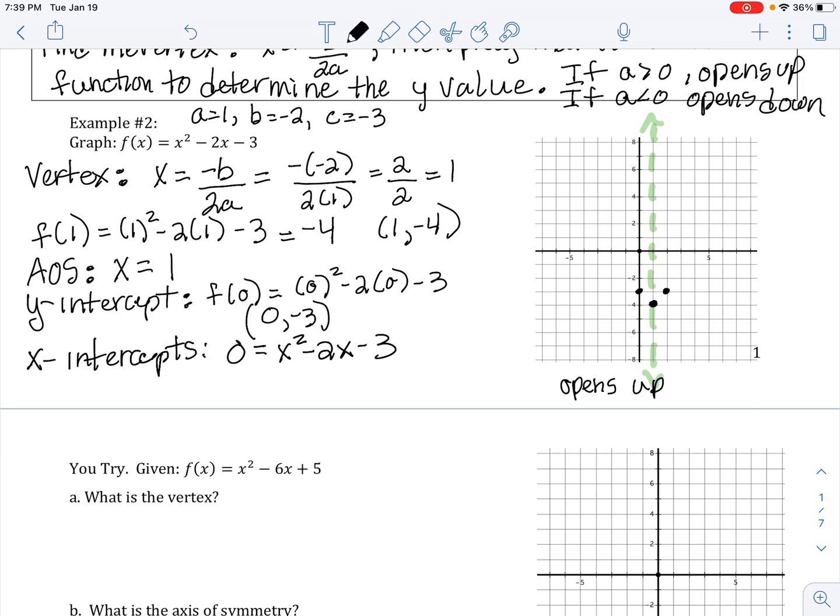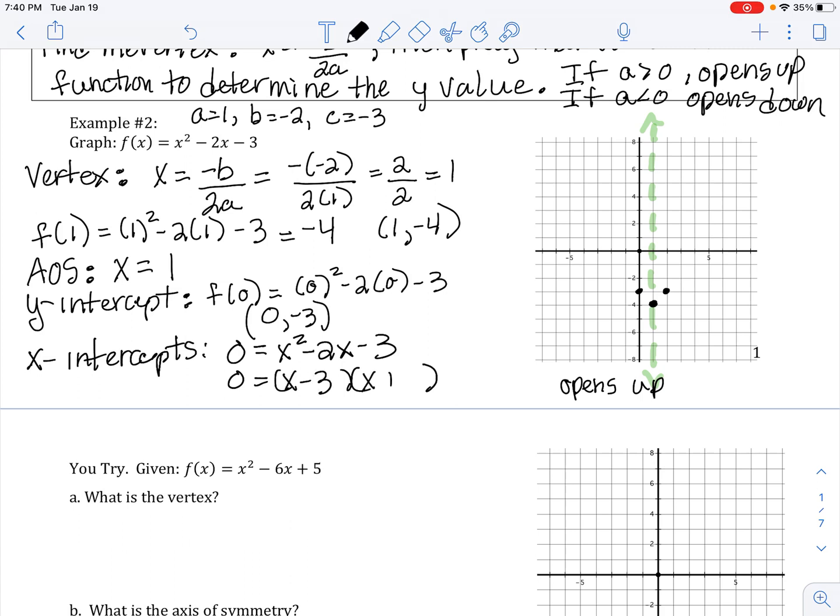This should look very familiar to you because we just did a whole objective on solving quadratics. What are our ways to solve? Well, we can solve by factoring, we can solve by square roots, we can solve by quad formula. Now at this point, this problem has already gotten pretty long, right? So let's hope this factors. So we're going to try to factor this. So we're looking for 2 numbers that multiply to negative 3 and add to negative 2.